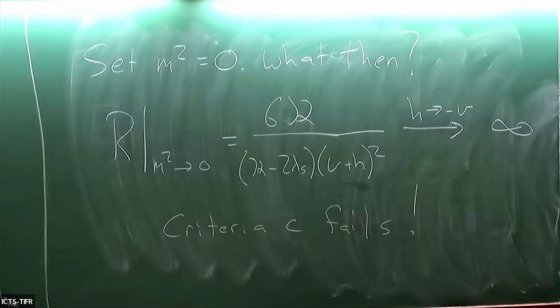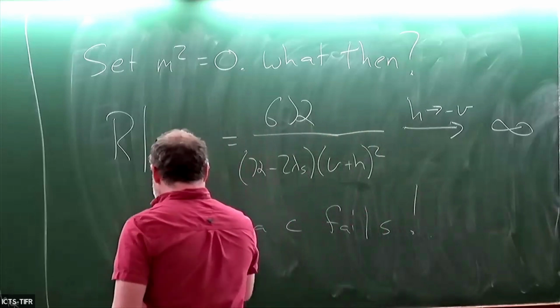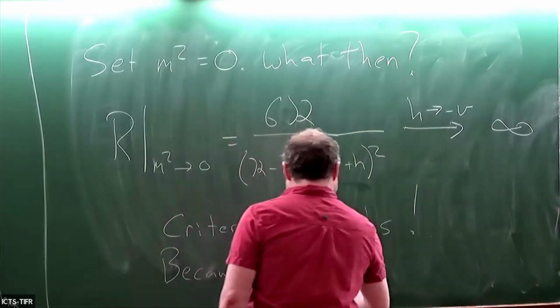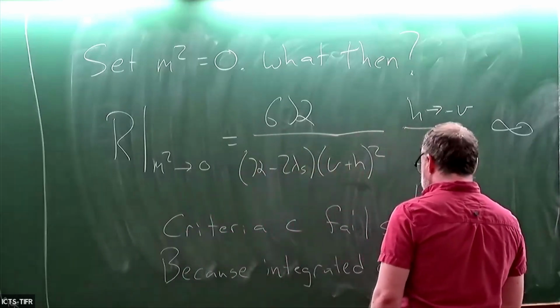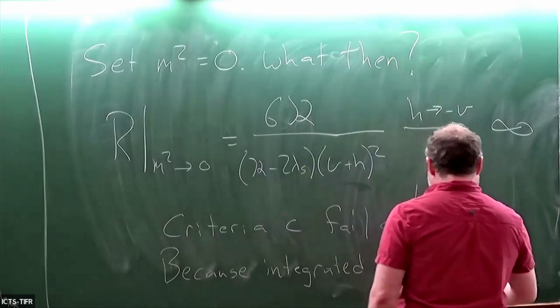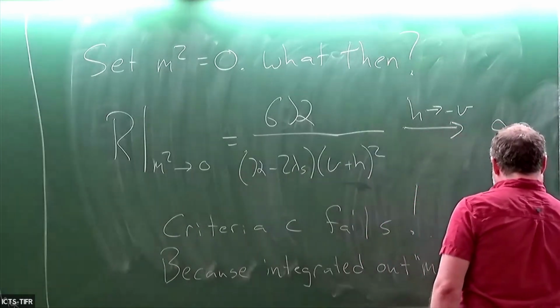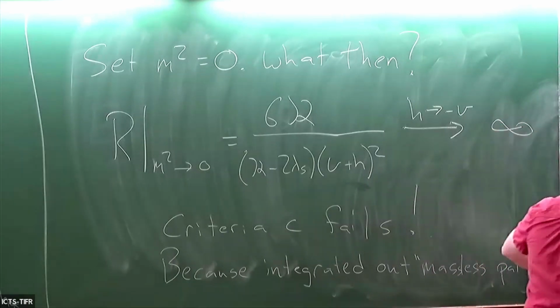What did I do? I integrated out a massless particle. So this criteria is failing because of exactly this fact. I integrated out a quote massless particle, and oops, the particle's not in quotes.